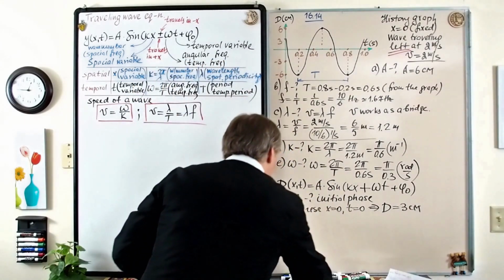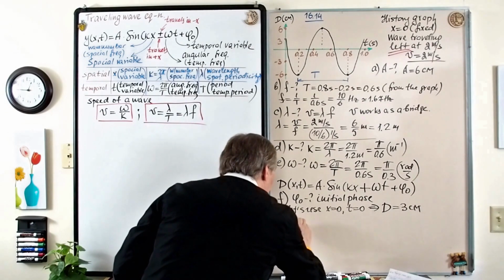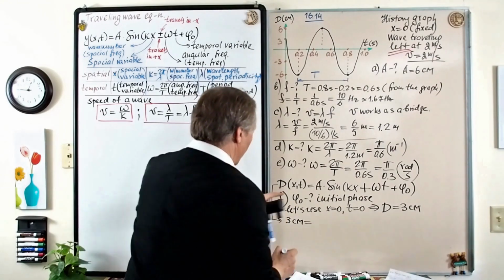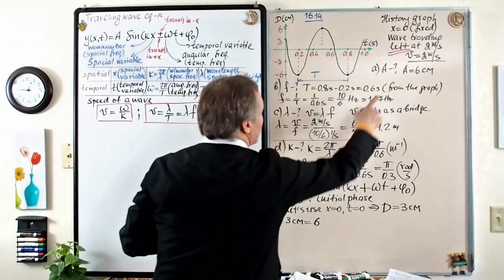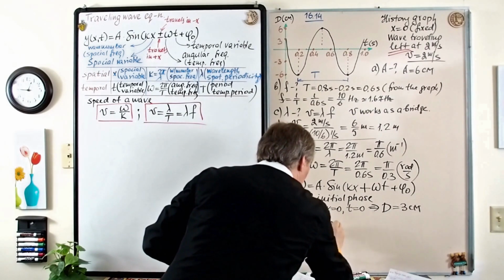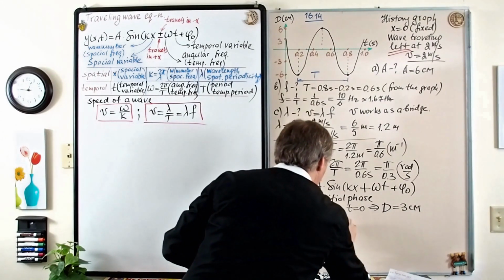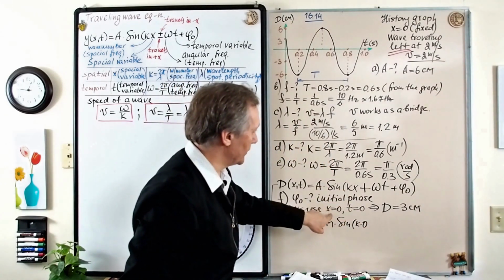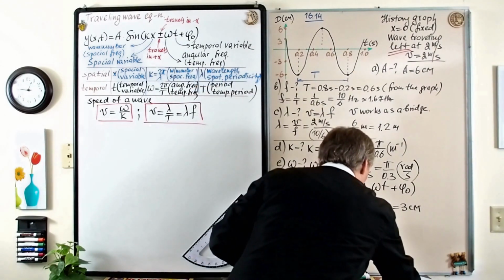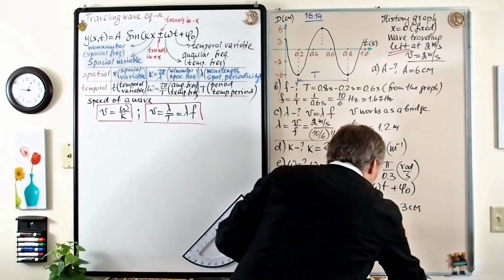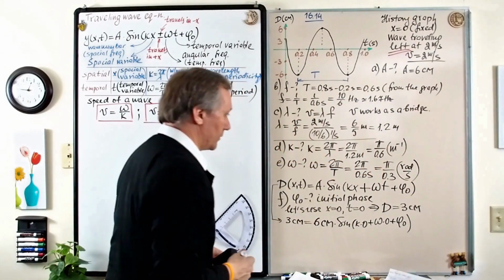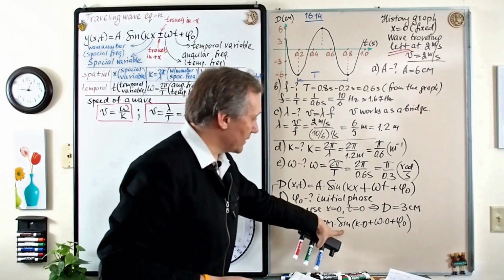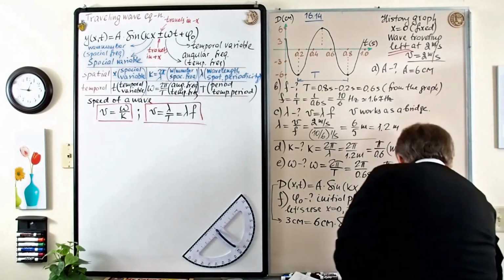So now let's write, so 3 centimeters equals, I'm just rewriting this, right? Equals amplitude 6 centimeters times sine of k times 0, because x equals 0, then plus omega times 0, and plus our initial phase, which needs to be found, right? So basically we have 3 equals 6 times sine of phi naught. Okay, I will write it here.